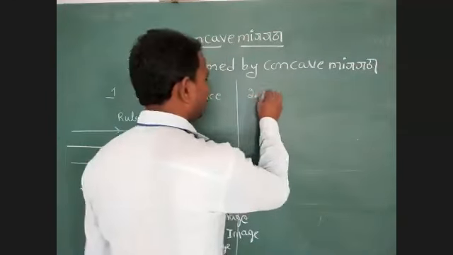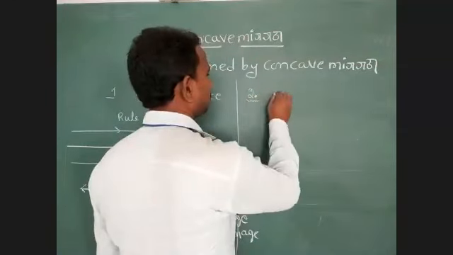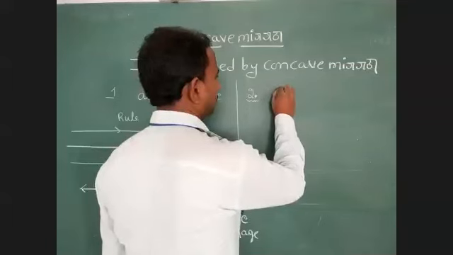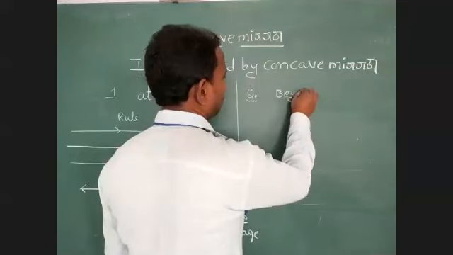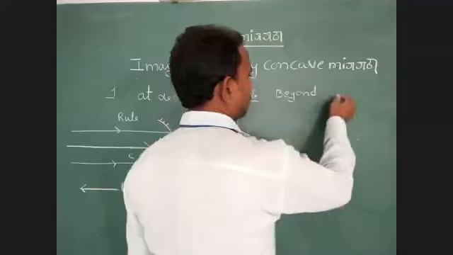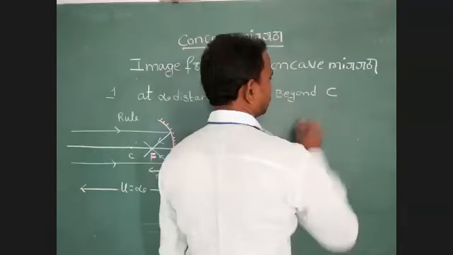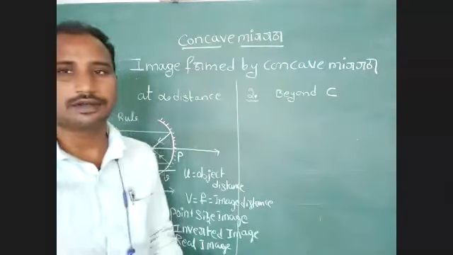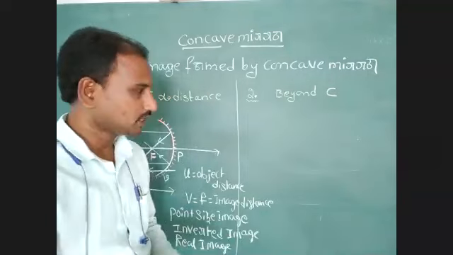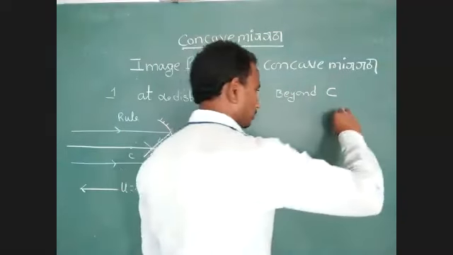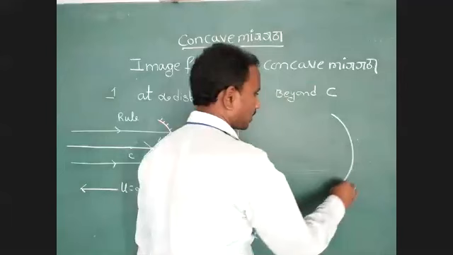Here we have to consider the position of the object beyond the center of curvature. Just identify this point. So this is the concave mirror.